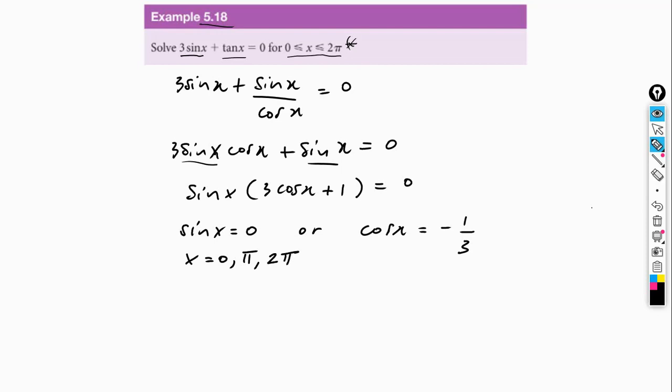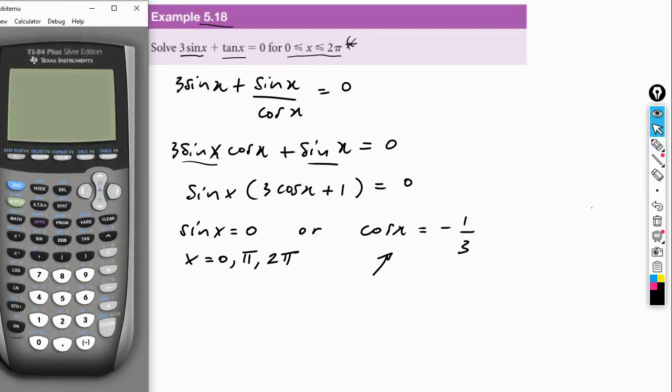because 2 pi is in the domain. Now for this second part, cosine of x is equal to negative 1/3, we cannot really use the unit circle. So we'll have to use a GDC. We need to go to y equals and plug in cosine of x as well as the line negative 1/3.